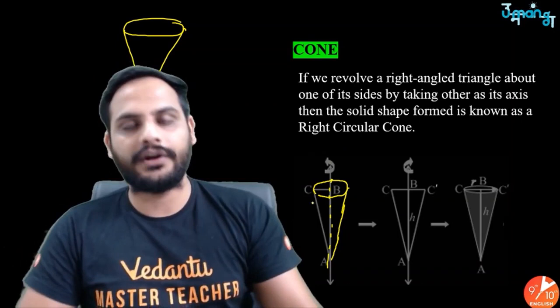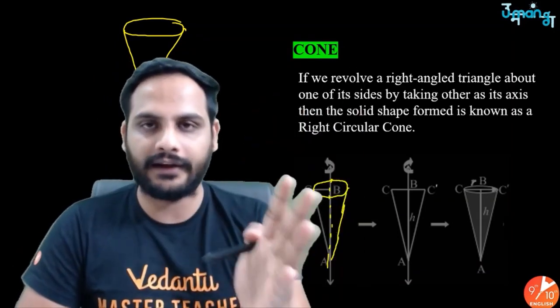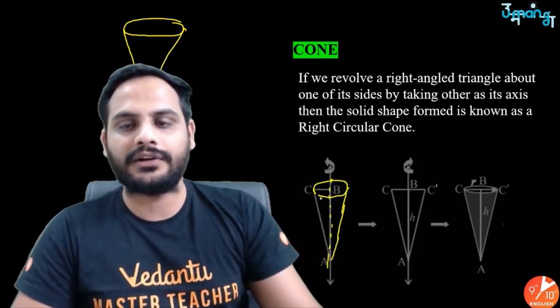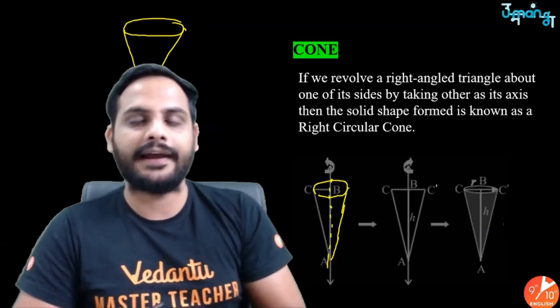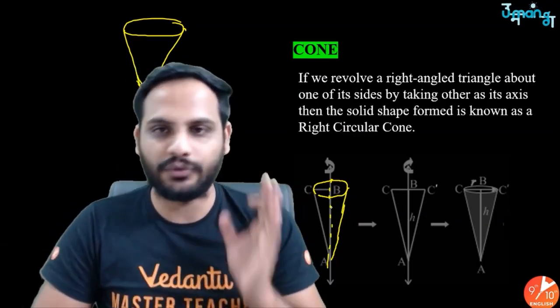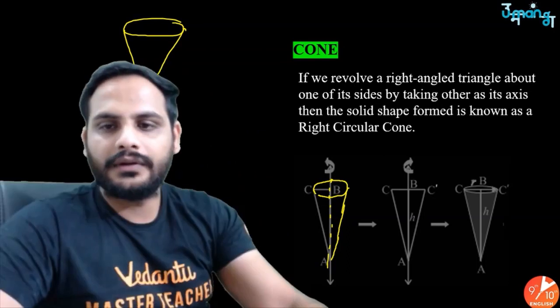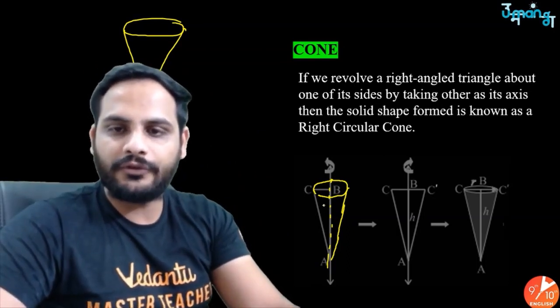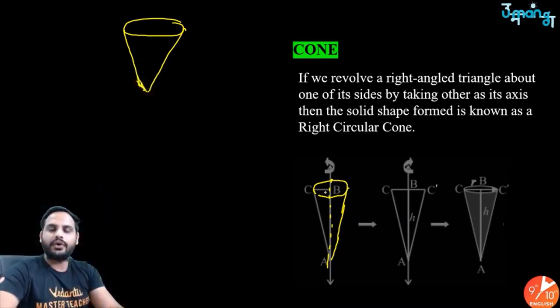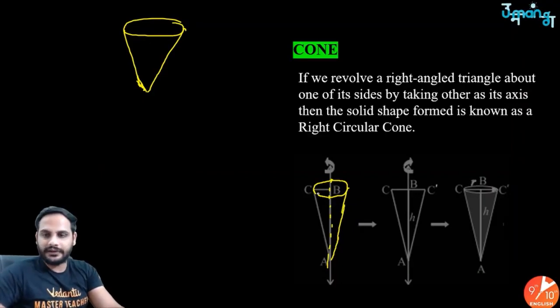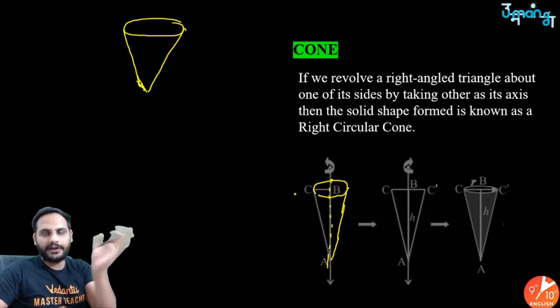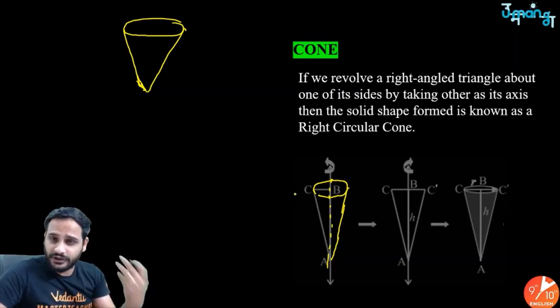So if we rotate a right angle triangle along its perpendicular or base, we get the shape of a cone. Rotate a right angle triangle on any one of its sides and you will get your cone.